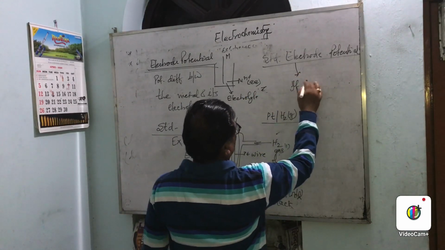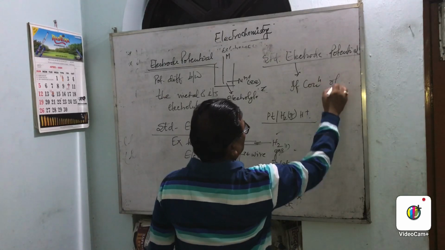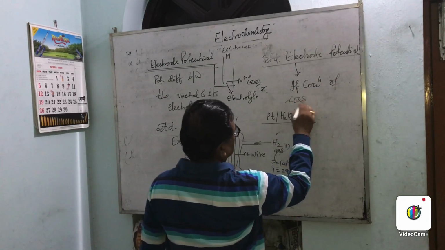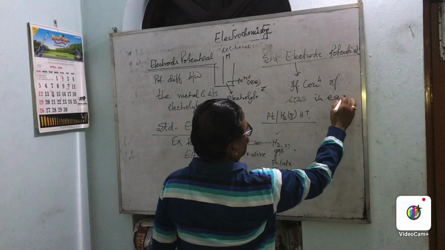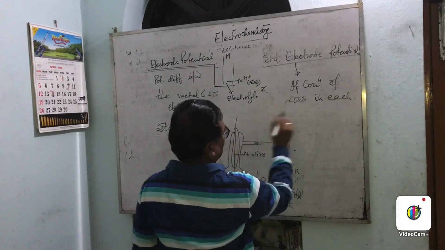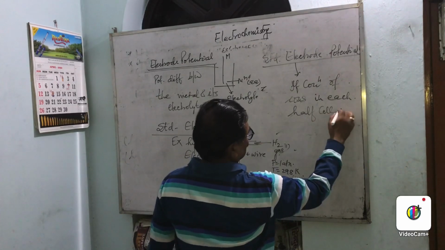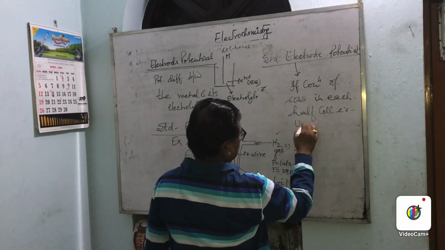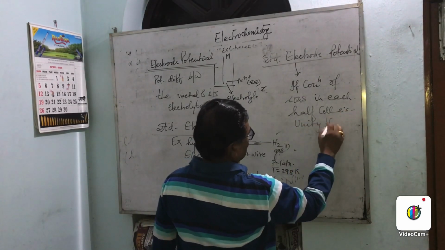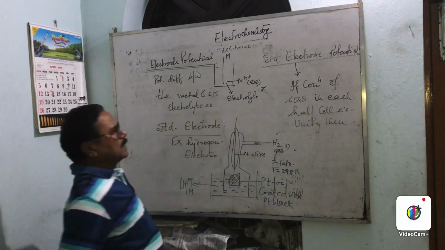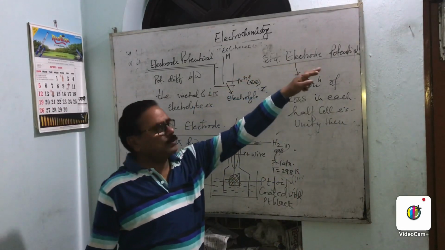If concentration of ions in each half cell is unity, then it is called standard electrode potential.